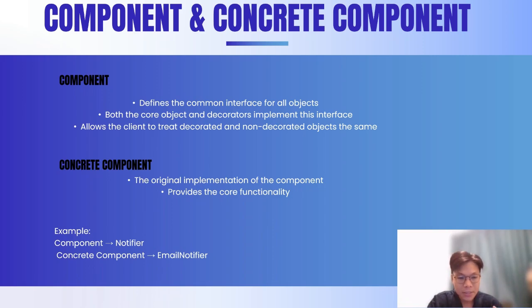The main purpose of this interface is to ensure that both the decorated object and the non-decorated object share the same structure. Because of this, the client can treat them in the same way without needing to know whether the object is decorated or not. It doesn't matter.